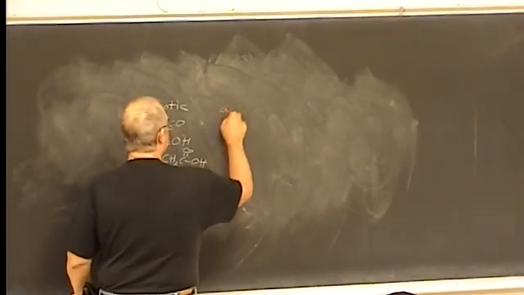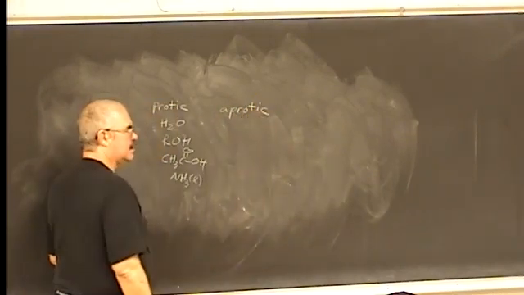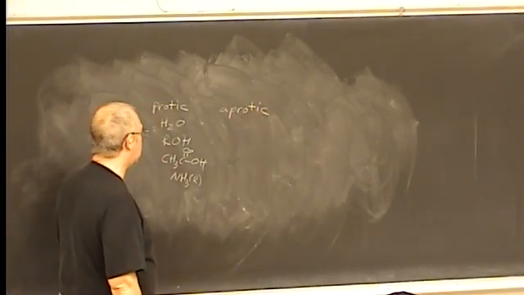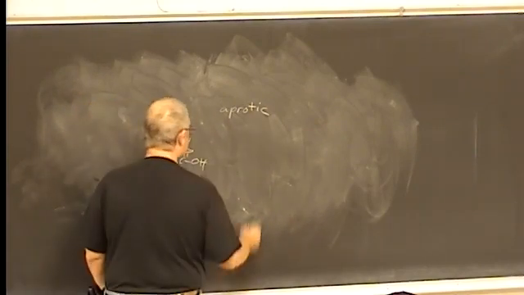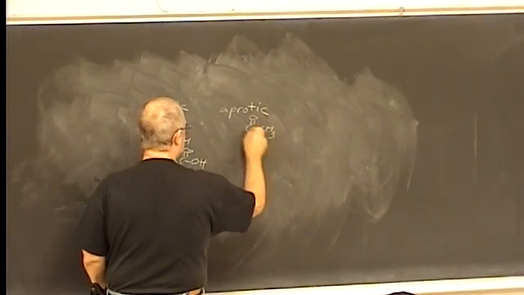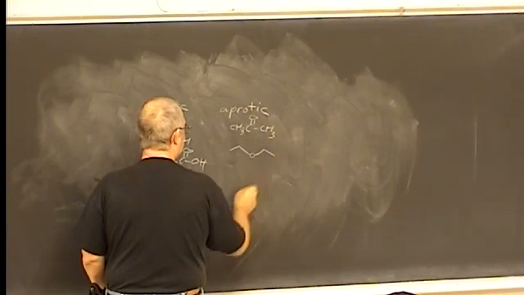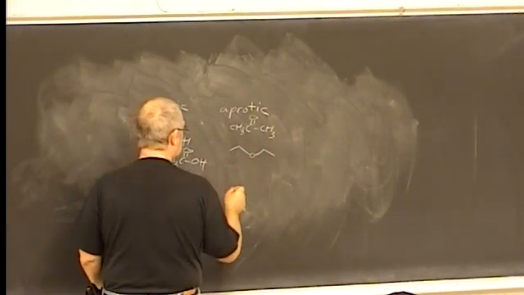Aprotic solvents can accept hydrogen bonds, but they can't donate them. Examples would be acetone, ethyl ether, or diethyl ether as it's sometimes called.